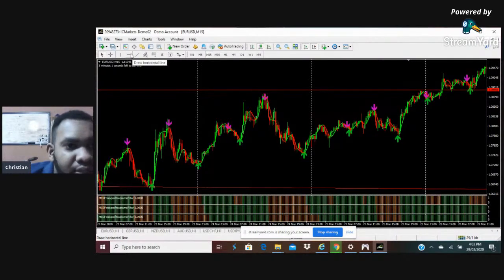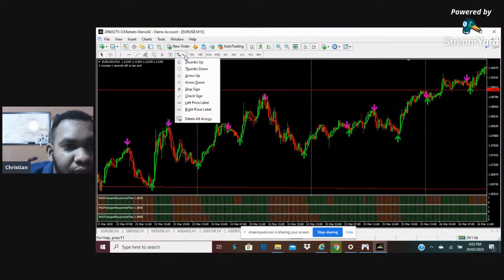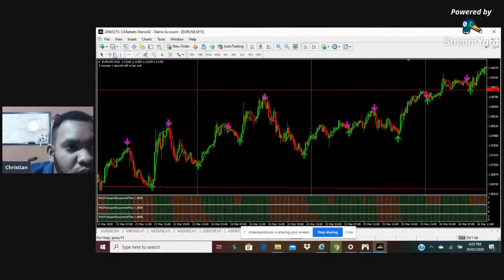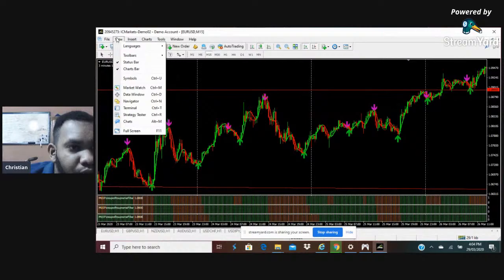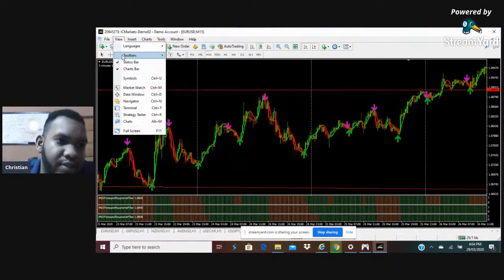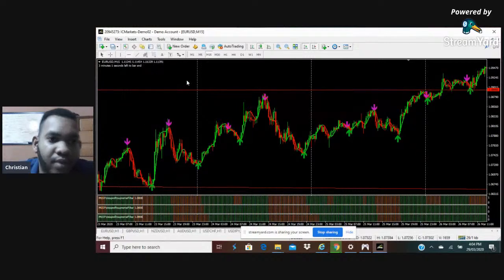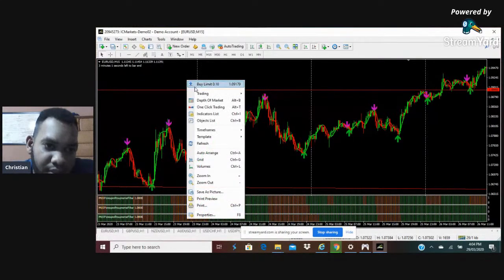View, toolbar, chart, customize. Maybe it's probably here, not sure.